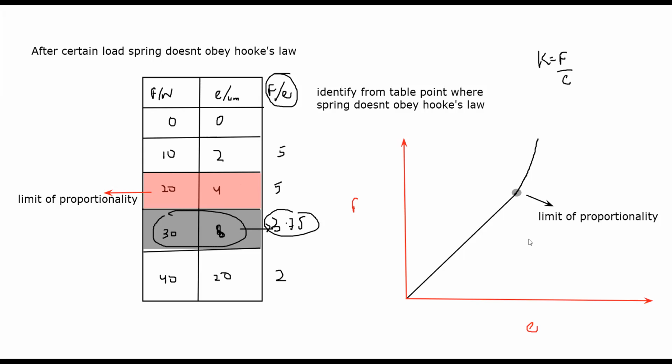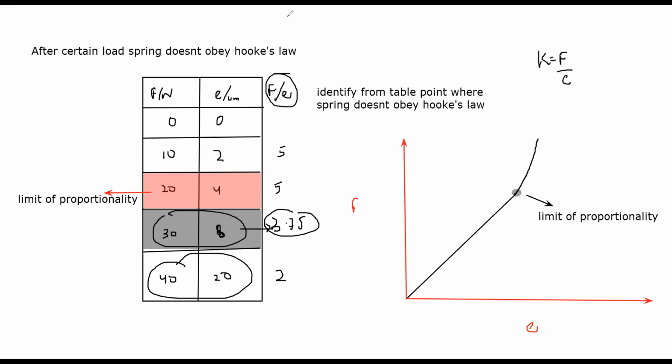And if you sketch a graph, because you're increasing the force, so it will... What about 40 and 20? 40 and 20 are the points after the limit of proportionality.